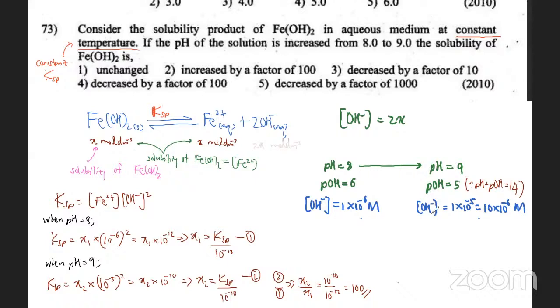See, we have different OH minus concentrations for different situations, and if OH minus concentration is different, Fe2 plus concentration will be different in both situations, and Fe2 plus concentration is in fact equal to the solubility, because Fe2 plus is released only by Fe(OH)2.